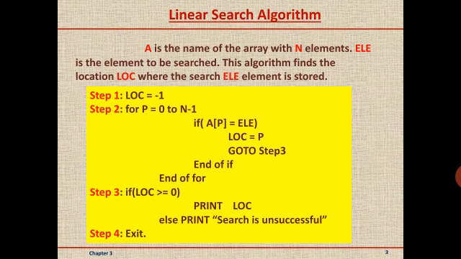If we find the location, we directly go to step 3. If not, then the location is compared whether it is greater than 0. If yes, then location is printed. Otherwise, we print search is unsuccessful.